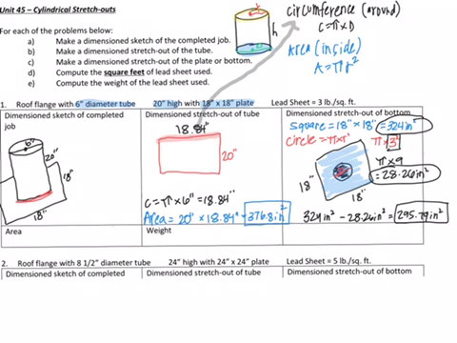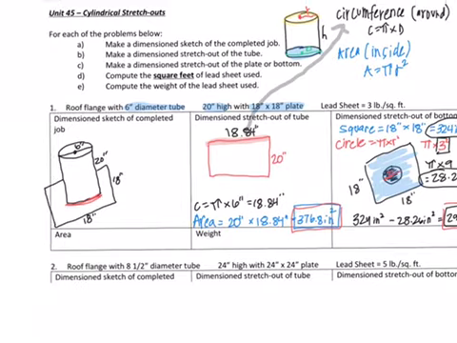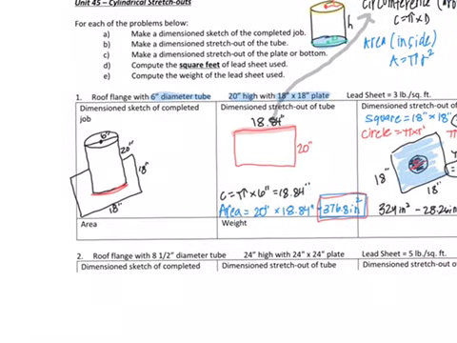And then remember, they always want them to be in square feet because that's how we calculate the weight. So I need to figure out the total area. So I'm going to take 376.8 plus 295.74. And so my total area, I'm going to come over here and write it, is 672.54, but this is inches squared.